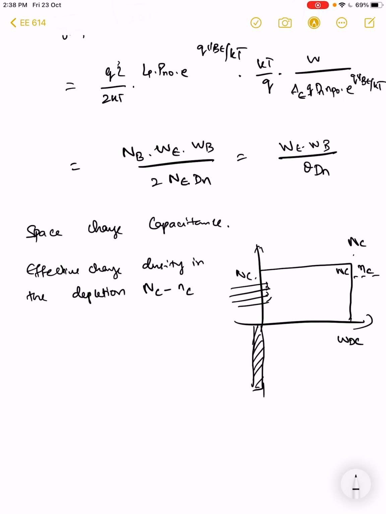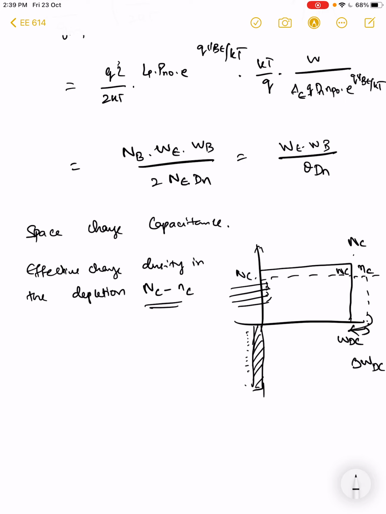Typically it is not considered because the electron injection is small, but in the BJT you have minority injection from the emitter side, which is considerable in comparison with NC. So you have this reduction in the actual charge, and because of this reduction in the space charge, it will increase the depletion width by some delta W dc. The actual depletion width is changed, but the negative charge in the base did not change.